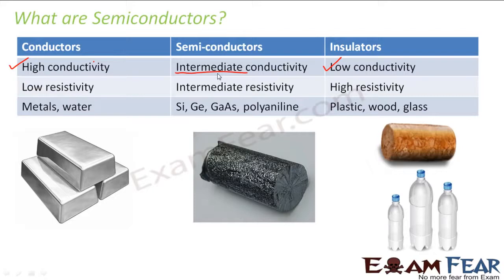When I talk of semiconductors, we have elements like silicon and germanium which act as semiconductors. That means they can conduct electricity but not as well as conductors. Other than that, we also have compounds like gallium arsenide and polyaniline, which are all semiconductors. So now roughly you know what semiconductors are.